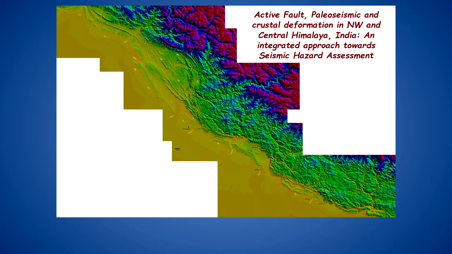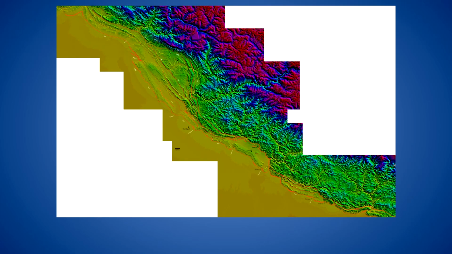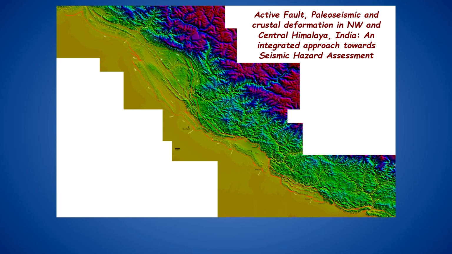If you look at the area, this was the project which we did for the Ministry of Earth Sciences. The objective was to identify the active fault traces and to do paleoseismic investigation wherever applicable.